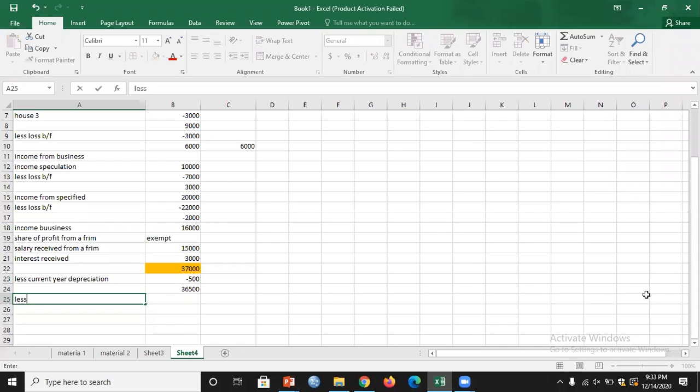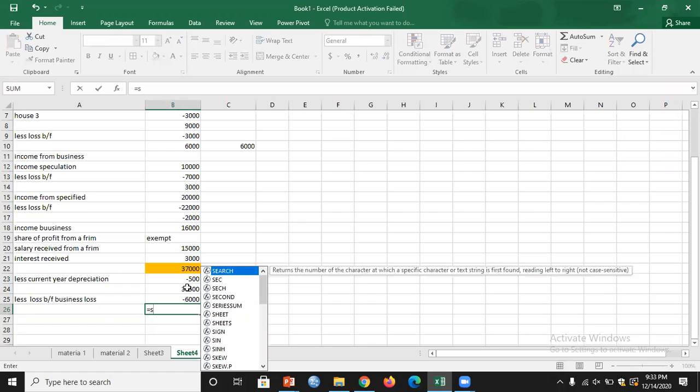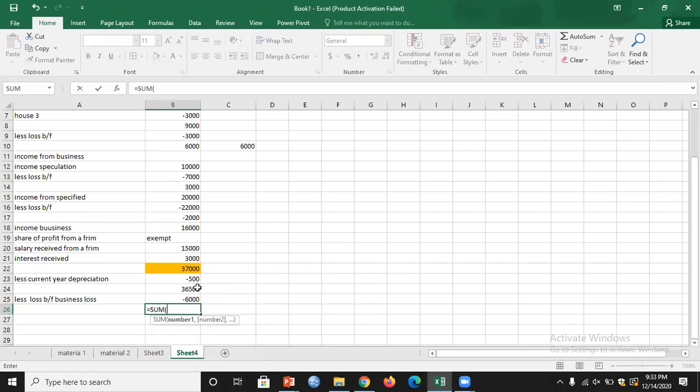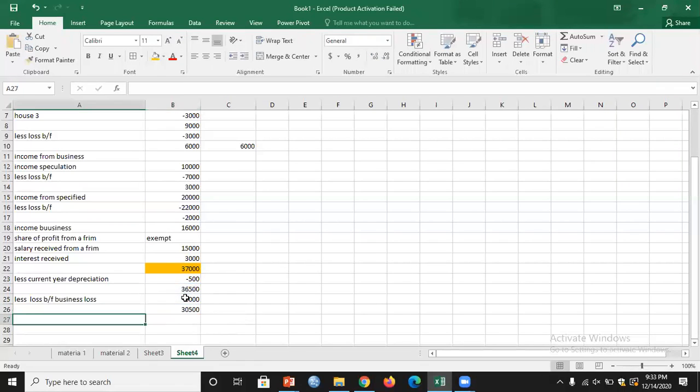So let's take last year's business loss, minus 6,000. So after deducting the last year business loss, we got 30,500 as a profit.